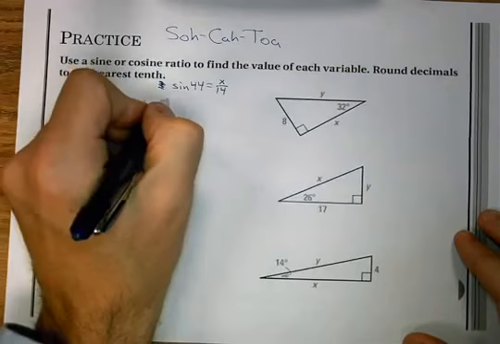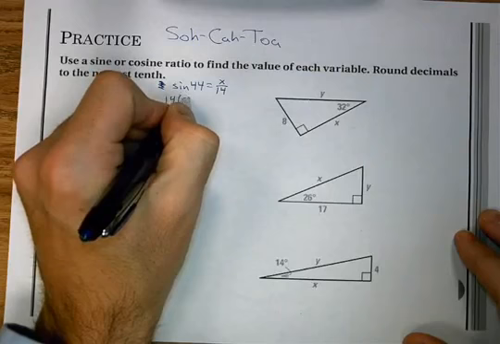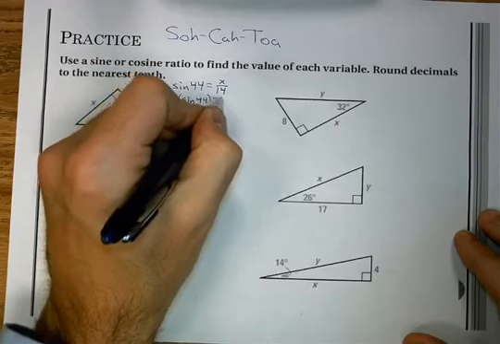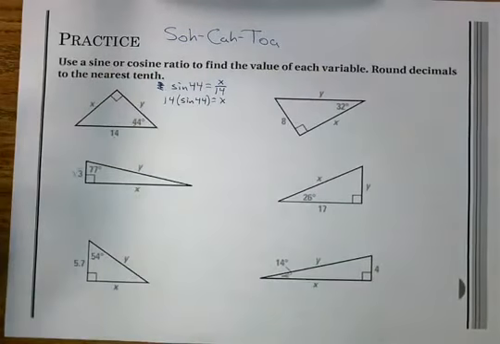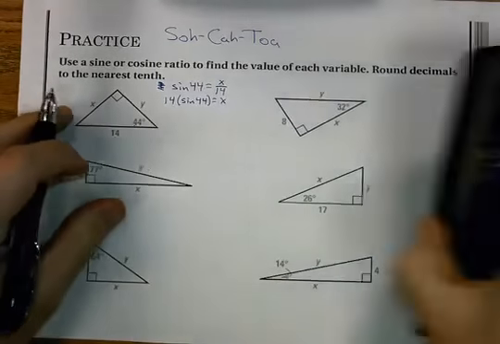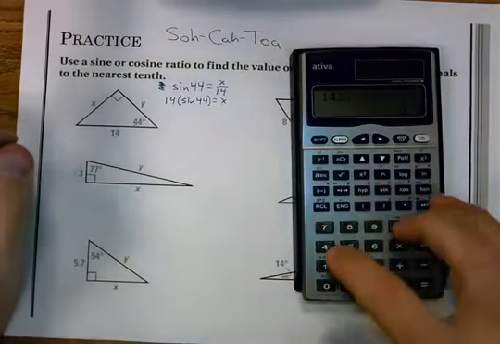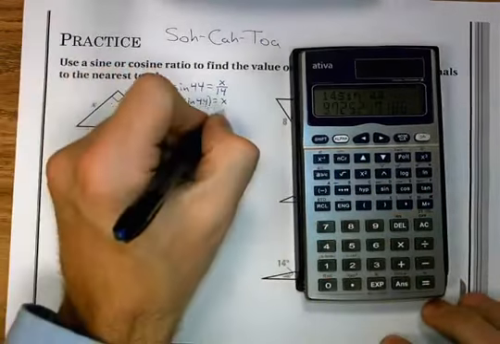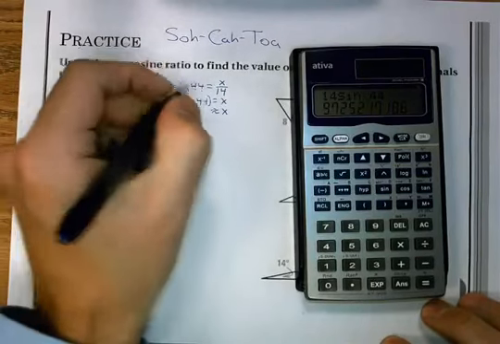That becomes 14 times sine of 44 equals x. 14 times sine of 44 gives us that x is approximately 9.7.